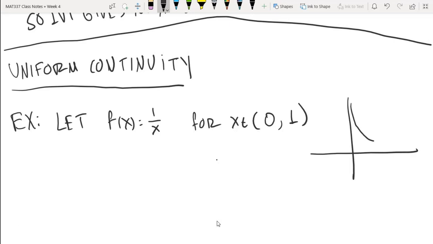So it goes like this. Now let's look at two different points. We can make it closed, it's fine.